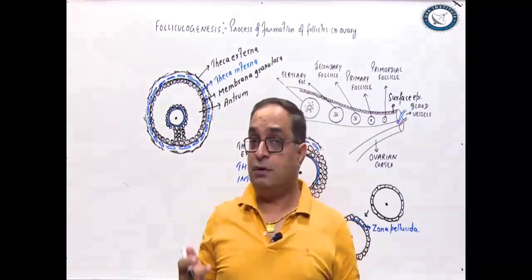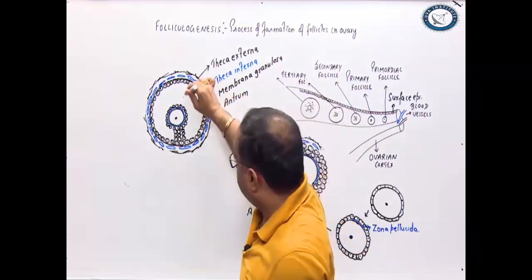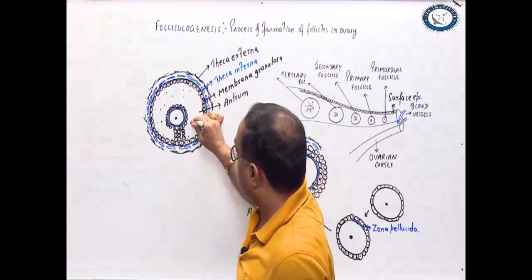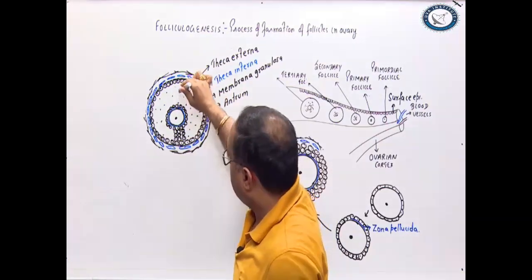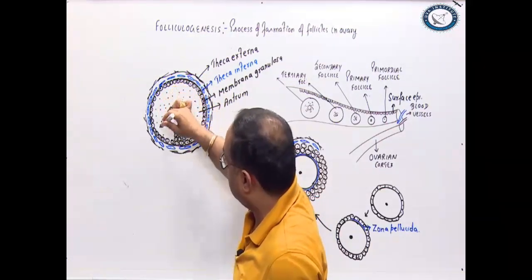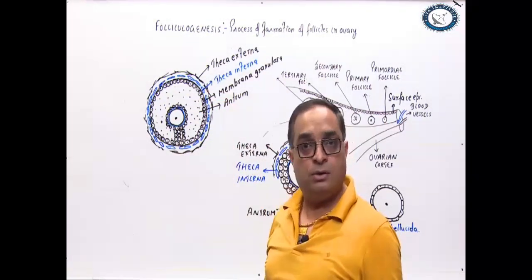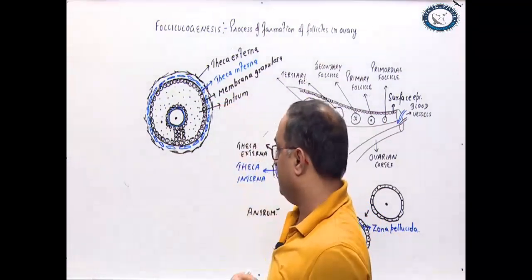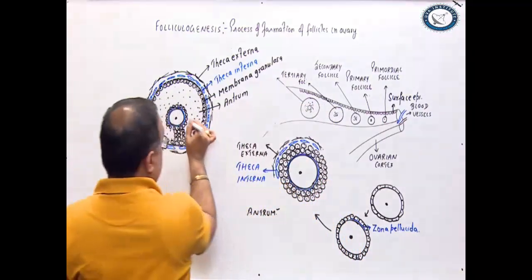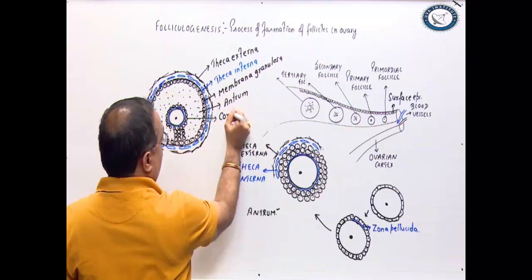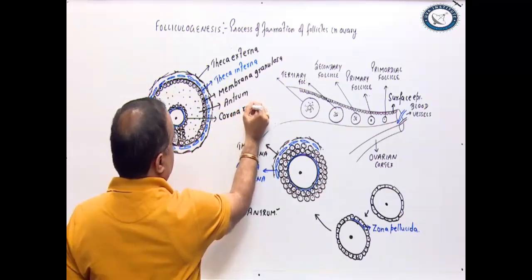As I said, as the follicle develops further, a cavity called follicular cavity starts appearing. It's also called antrum, and it gets filled with follicular fluid. This is follicular fluid secreted by these granulosa cells only. This layer of cells is corona radiata.